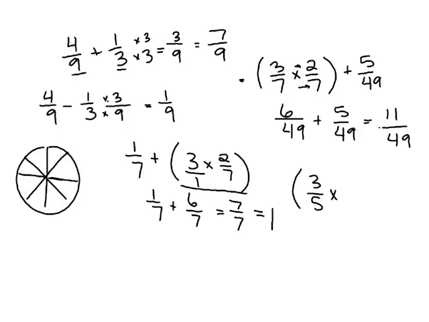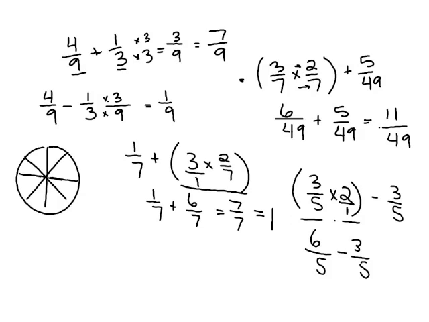3/5 times 2 minus 3/5. So where should I start? Inside the parentheses. Turn that into a fraction. So I have 2/1. Now I'm multiplying, so I go straight across. 3 times 2, 6. 5 times 1. So I have 6/5 minus 3/5.